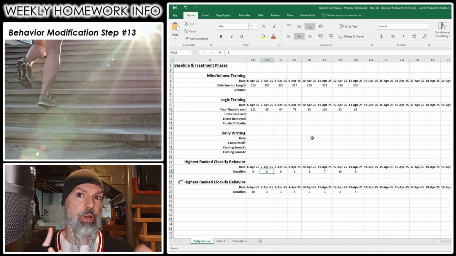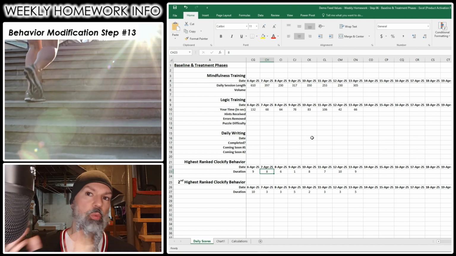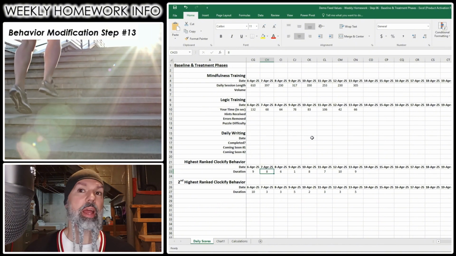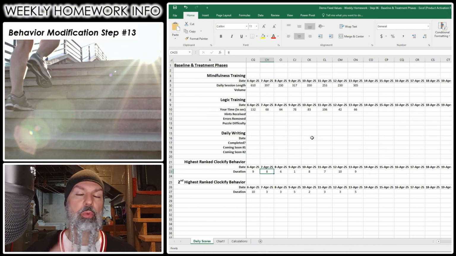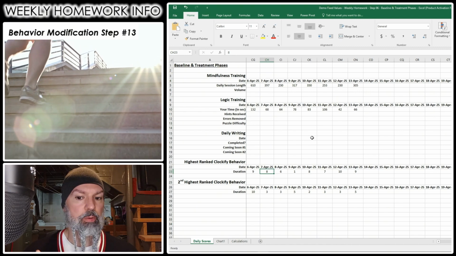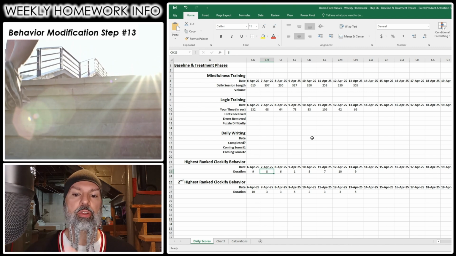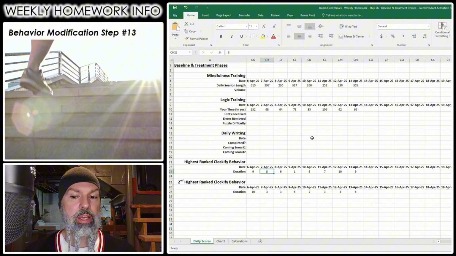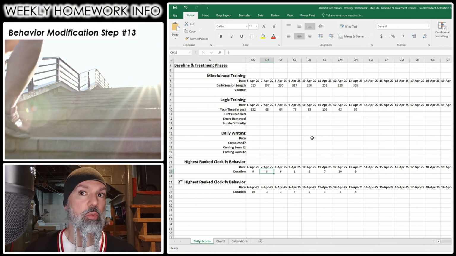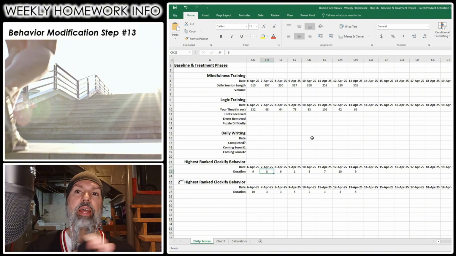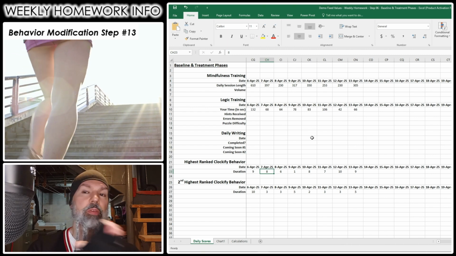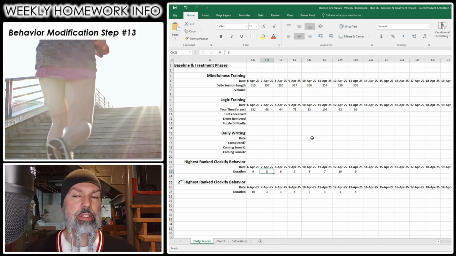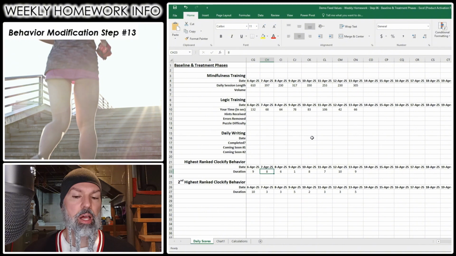The first thing we're going to do in this week's homework is end the reversal procedure. That means we're going to reinstate the treatment phase for mindfulness training, and reinstate the punishment of your unwanted target behavior. If that's the logic training, reinstate the punishment for the logic training. If it's one of your clockify behaviors, reinstate the punishment for the clockify behavior.